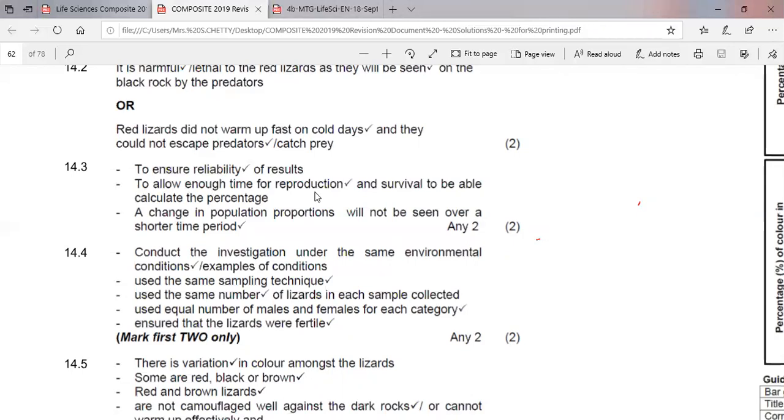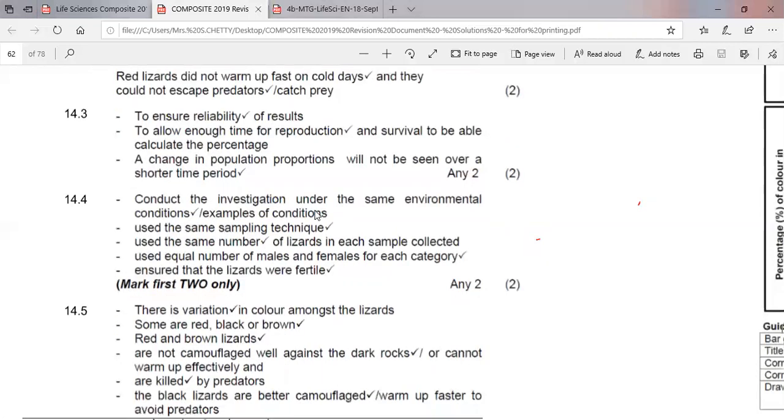And a change in population proportions can only be seen over a long period of time. This was a lovely question, right? To ensure reliability, you had it over 30 generations to allow enough time for reproduction, because you want to see how many of them survive. And a change in the population proportions will only be seen over a long period of time.